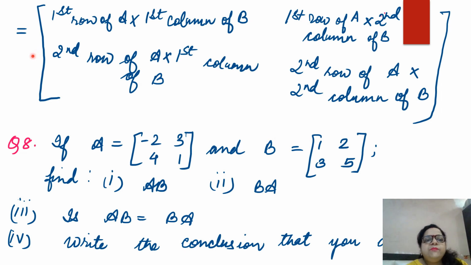Now the product of matrices A and B: AB is equal to the first row of A into the first column of B, first row of A into the second column of B. In the second row, the first element is the second row of A into the first column of B, and the second row of A into the second column of B. Okay, this is what you have.